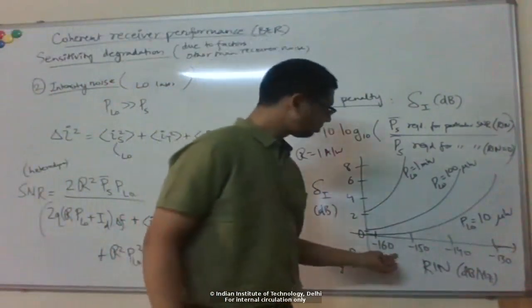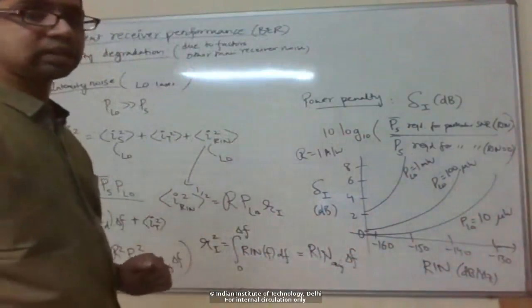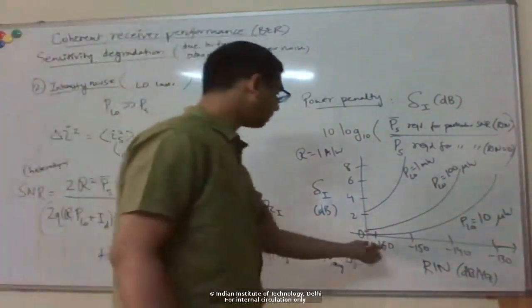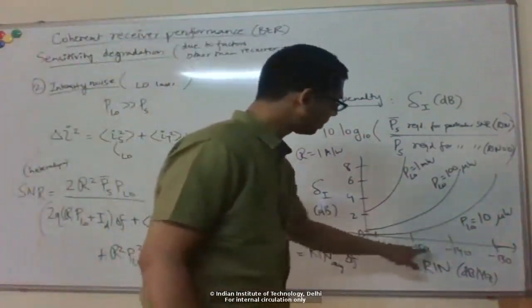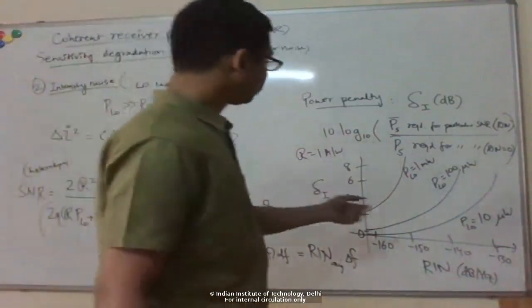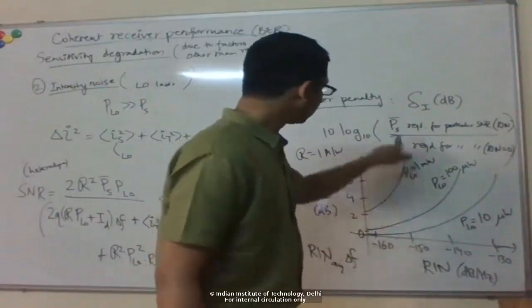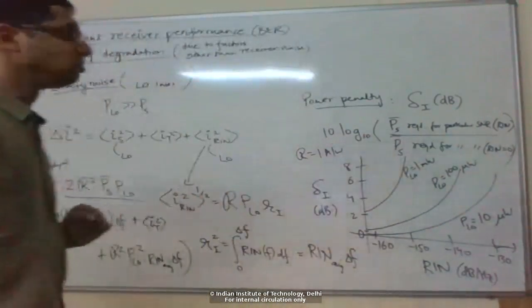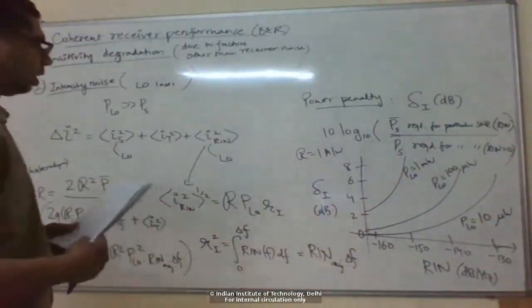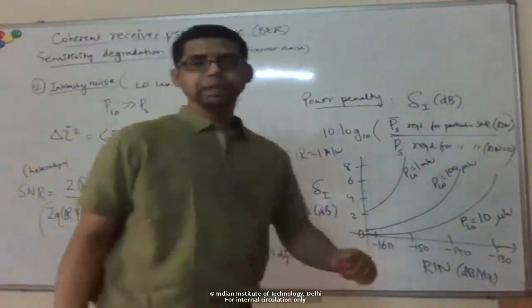Minus 160 dB per hertz is sort of the best lasers that you can get nowadays, the most expensive ones. Typically, you'll have between, let's say, minus 140, minus 150. So you can see that, for example, if you use 1 milliwatt local oscillator power, the power penalty can be really large. So the RIN noise actually can be a big problem.